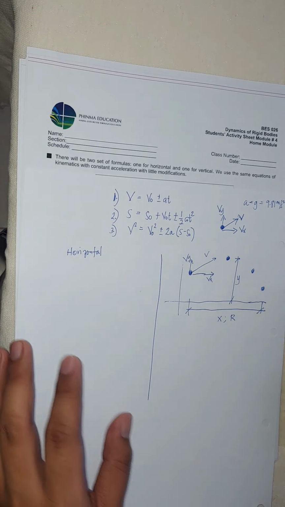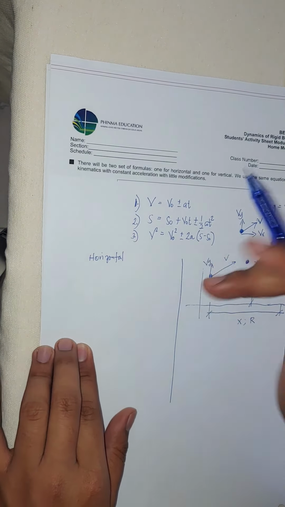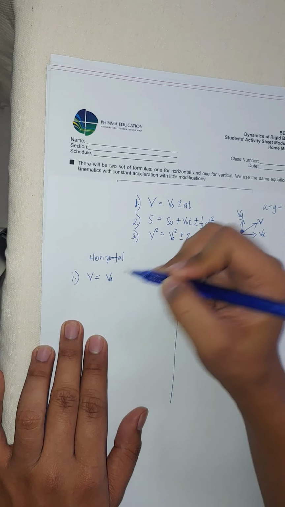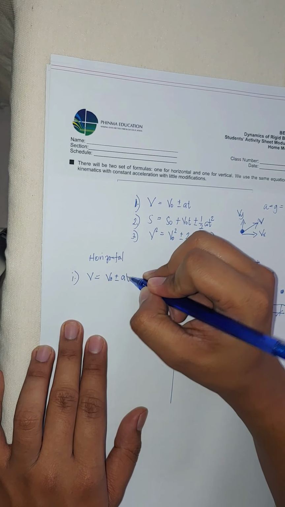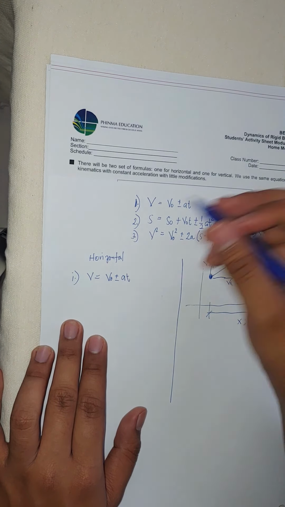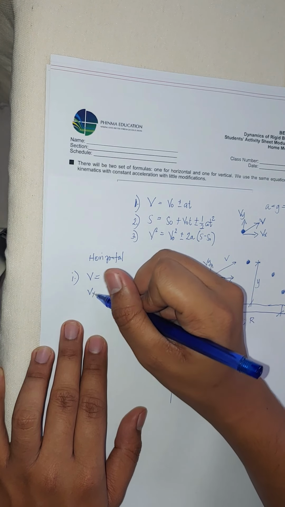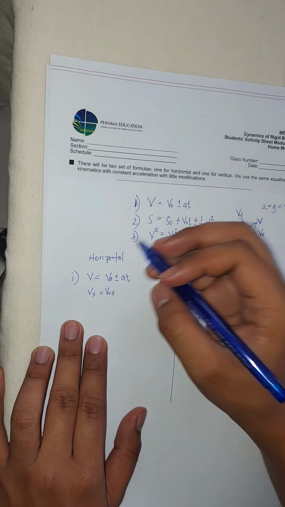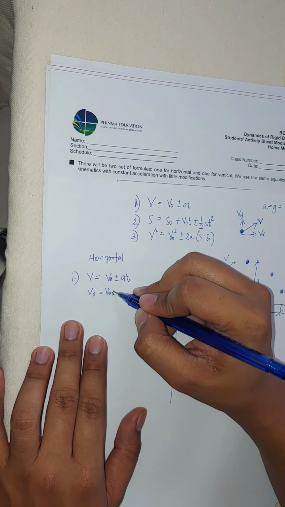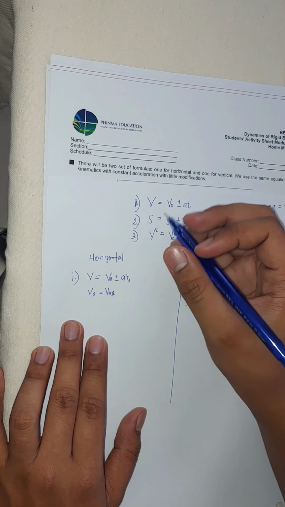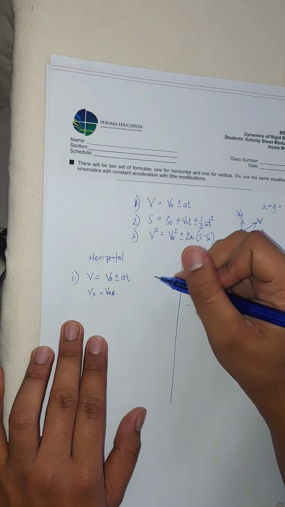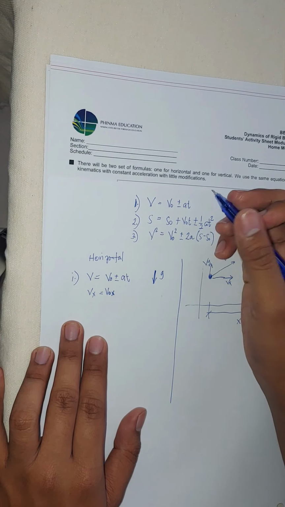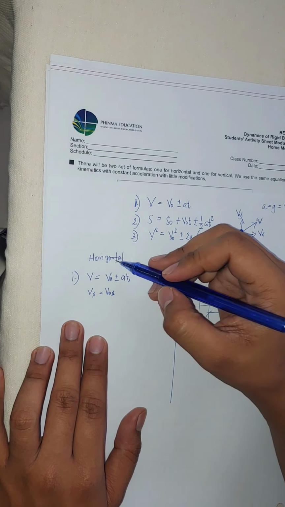So now let's talk about the horizontal component of this constant acceleration formula. First, the velocity is equal to the initial velocity plus or minus acceleration times time. Taking the horizontal component, Vx is equal to Vox, the x component, or the horizontal component, of the initial velocity. Since the direction of the acceleration is downward, it is a vertical component and this is horizontal.